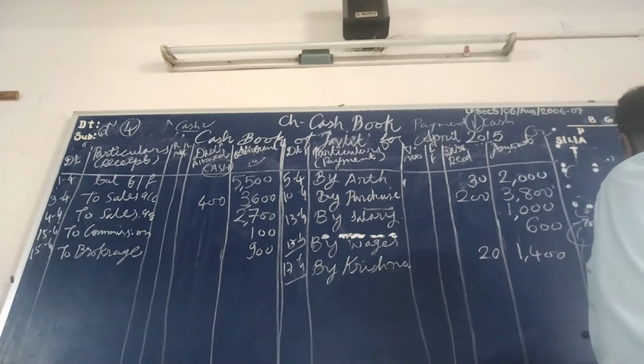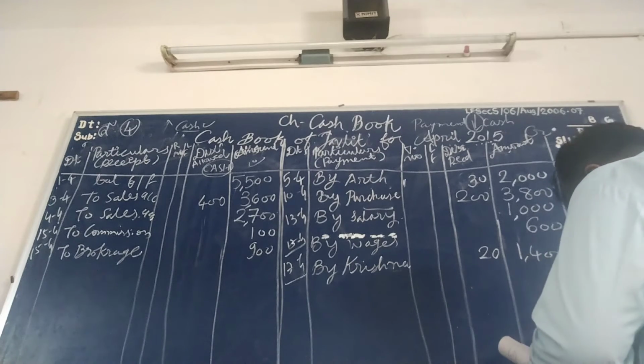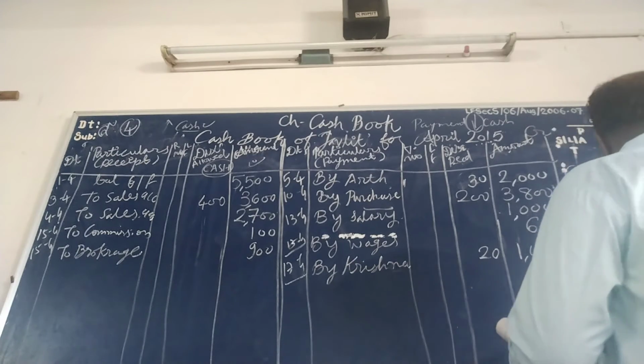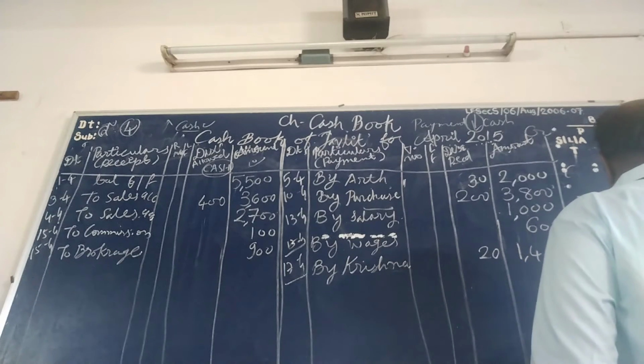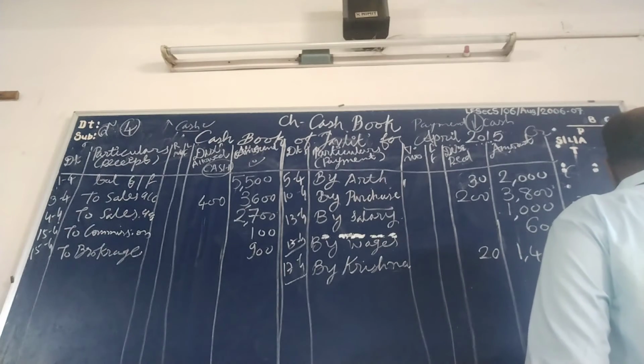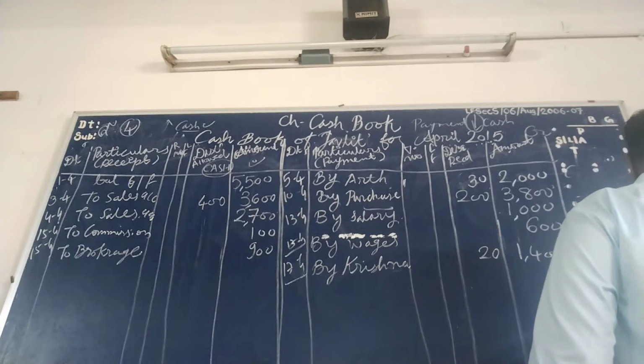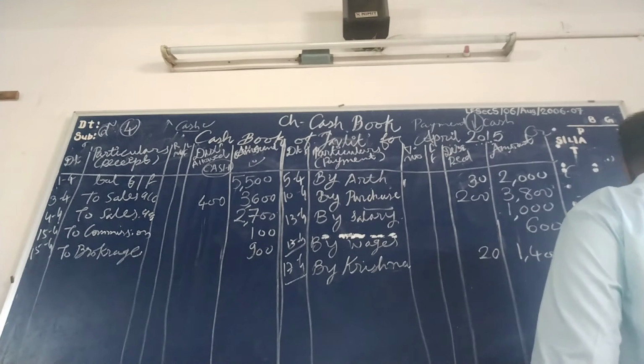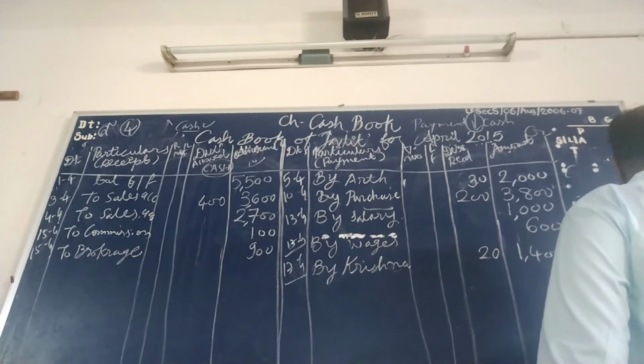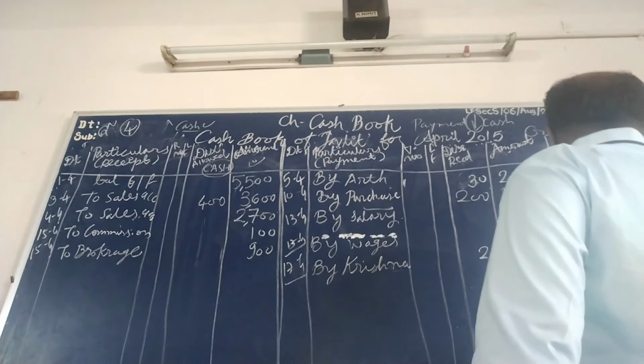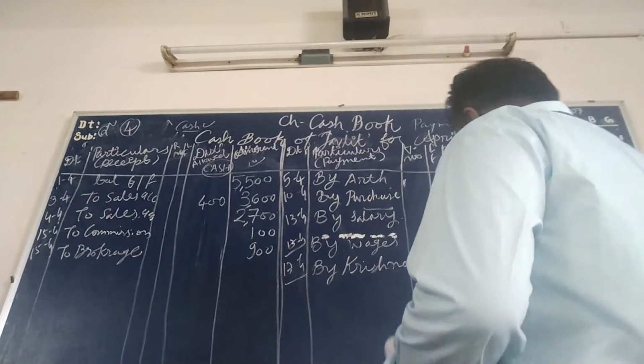So 4500, and 5% of that is 225. 4500 minus 225 is 4275. And we receive the cash discount 225.